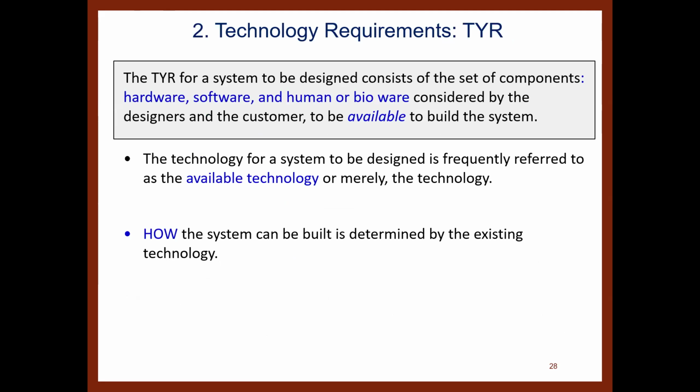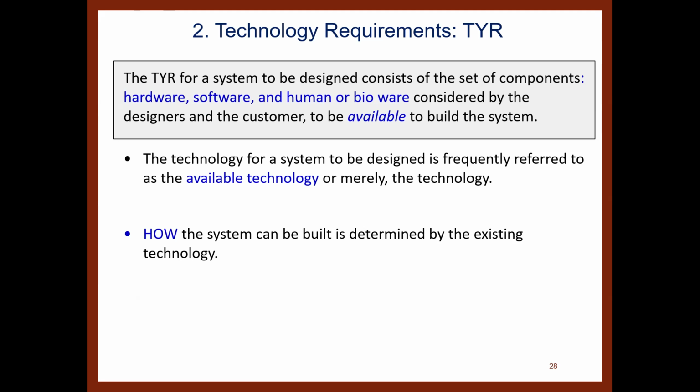Now, moving forward, technology requirements for a system to be designed consist of the set of components, which could be hardware, software, human, bioware, considered by the designers and the customer to be available to build the system. The technology for a system to be designed is frequently referred to as the available technology.